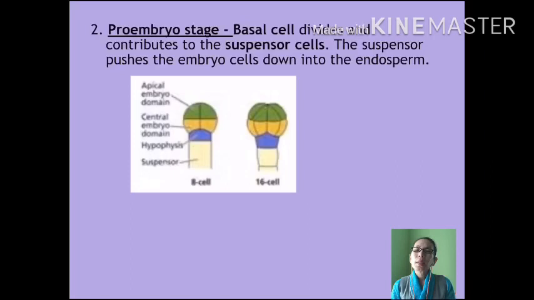Now, the second stage in embryo development is called the proembryo stage. During this stage, the basal cell divides further and contributes to the formation of a long chain of cells called suspensor cells. These suspensors are helpful in pushing the embryo down into the endosperm.